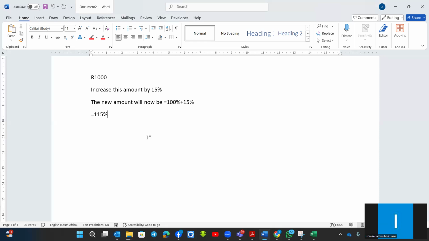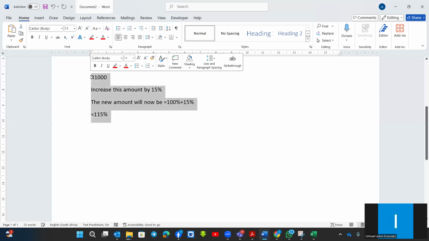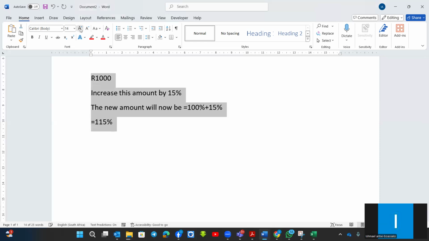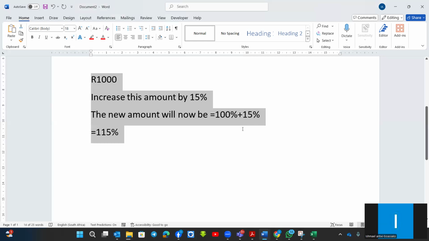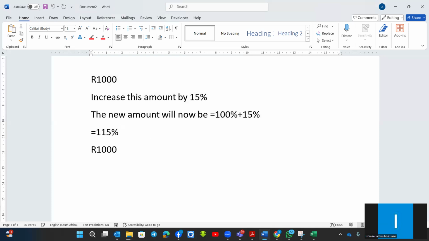Right. So anytime you are given a question to increase a certain value by a certain percentage, just add that percentage to 100%, then multiply. So the new increase will be 1,000 times 115%. In spreadsheet, you can put a percentage symbol and it will work for you. Or you can say 1,000 times 115 over 100.